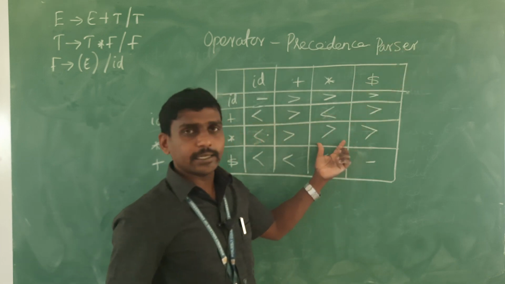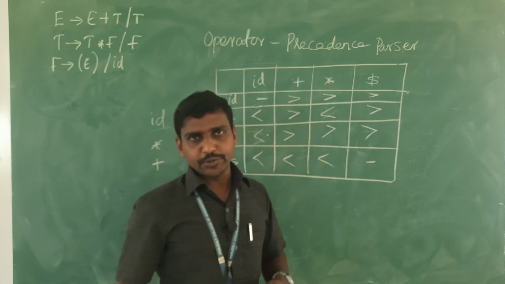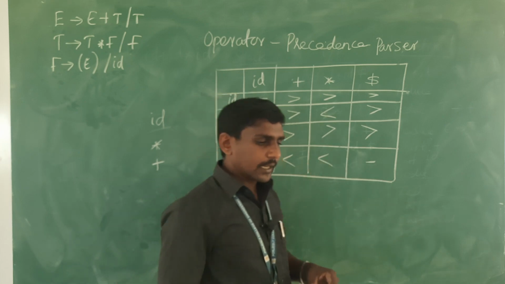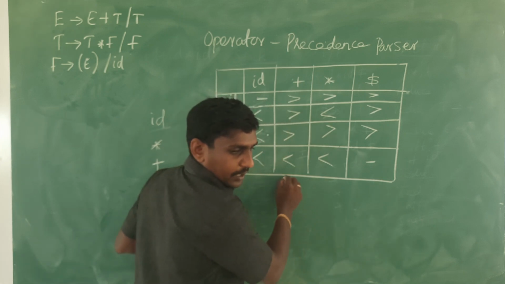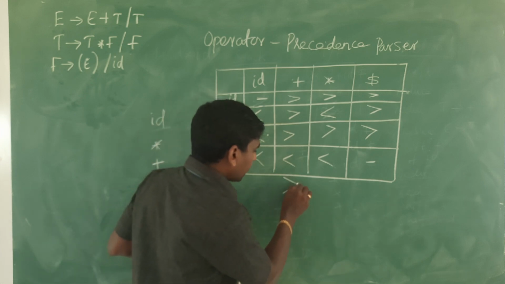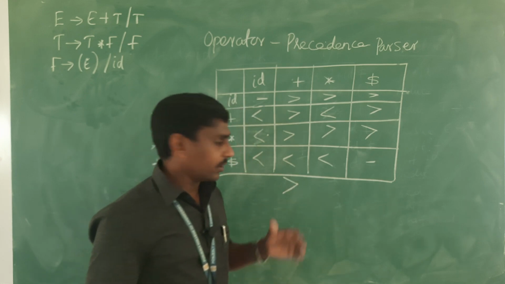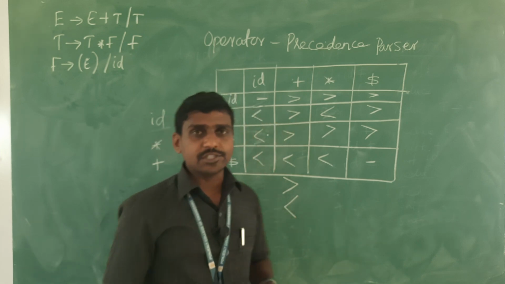With an operator, the compiler decides whether it wants to shift or reduce. There is an algorithm. If the operator is the greater than symbol, then you have to reduce. Just remember: if the operator is the greater than symbol, reduce. If the operator is the less than symbol, then shift.